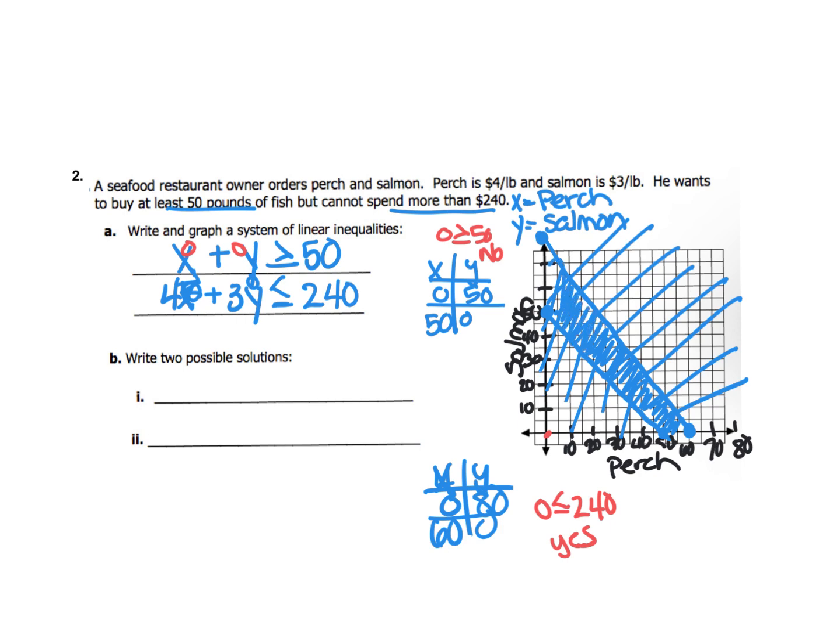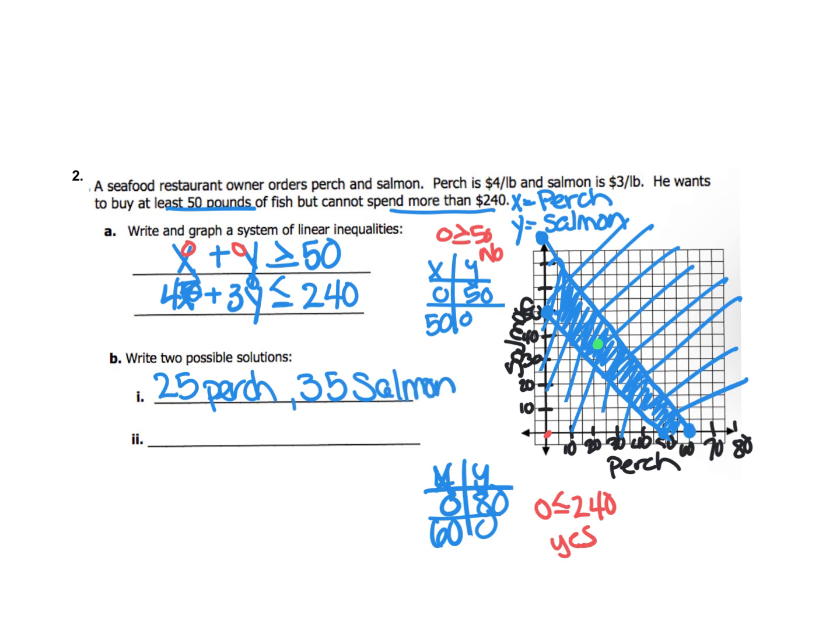All right, so let's go ahead and list two of our solutions. Let's say we could have 25 perch, and that would give us then 35 salmon. That could be one answer: 25 perch and 35 salmon.